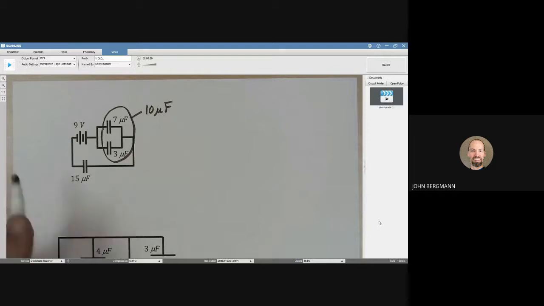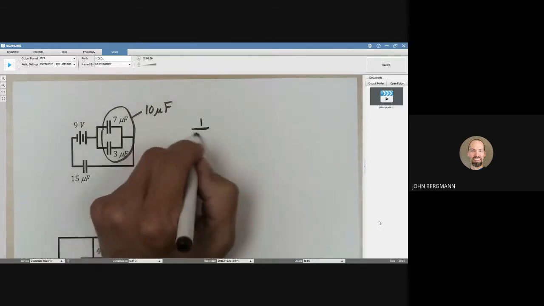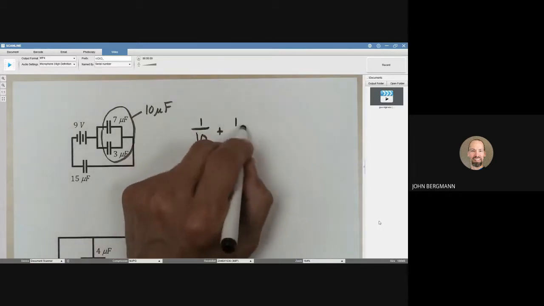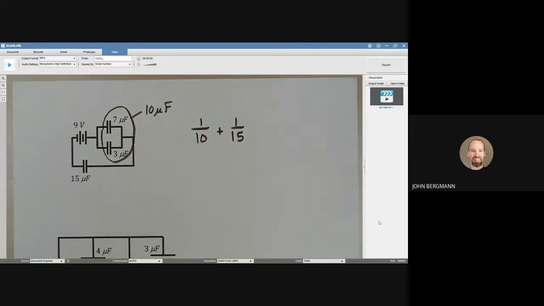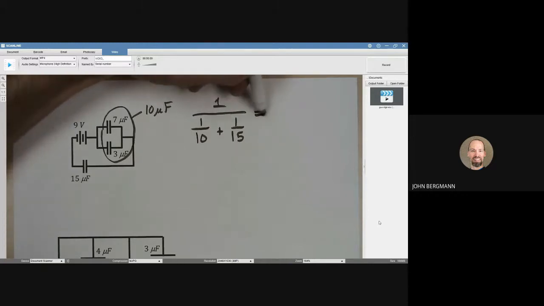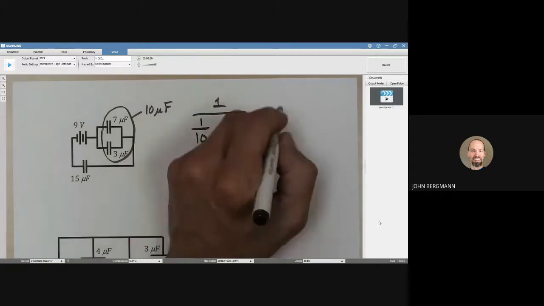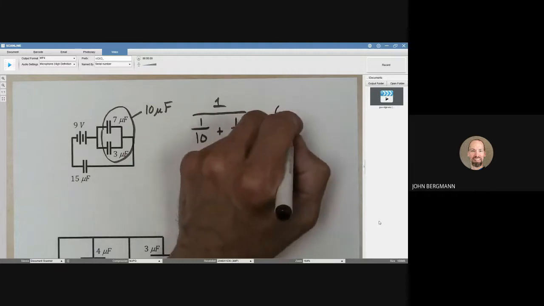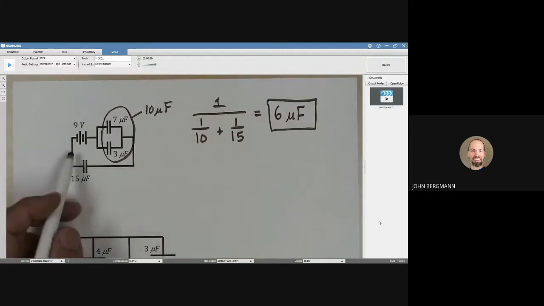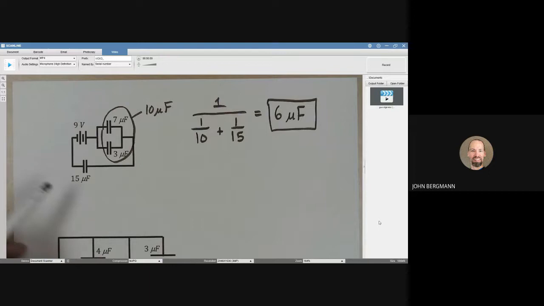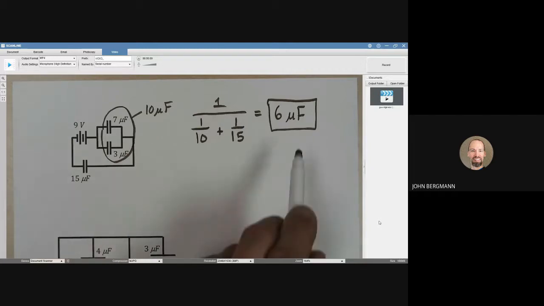So now we're going to say 1 over 10 plus 1 over 15, because when you do series, you have to use the 1 over equation. You would add those up and then go 1 over that. In effect, you end up doing that. That comes out to be 6. If I don't want this battery to know that I've done anything, and I want to just put one capacitor in there, I tear all these out, I put a 6 microfarad capacitor in there, and I'm done.